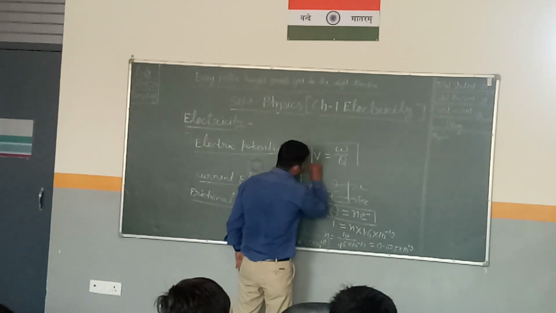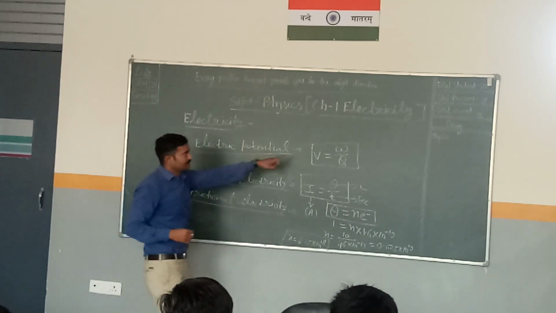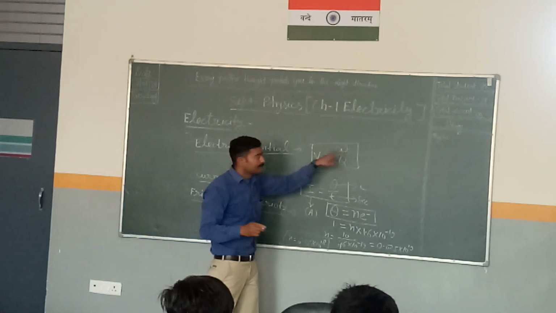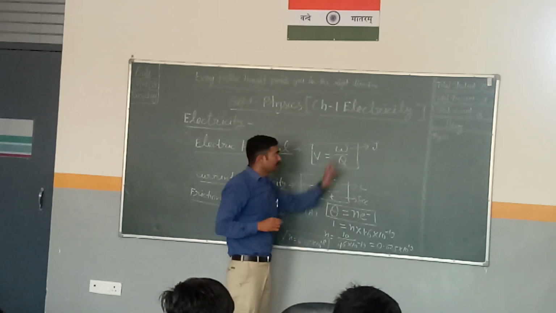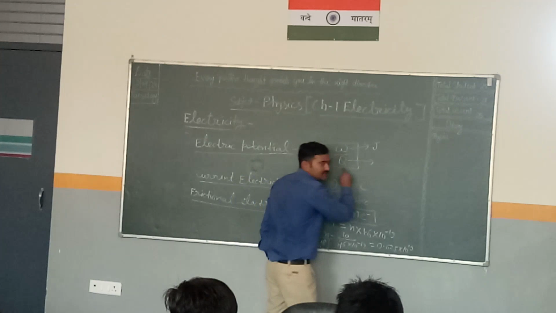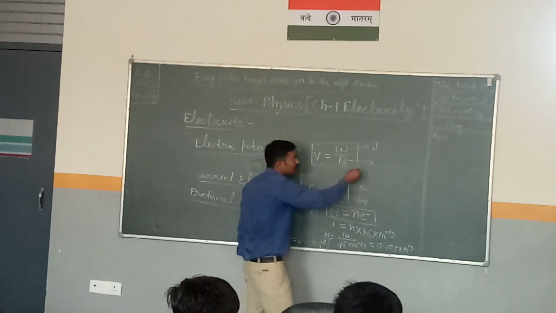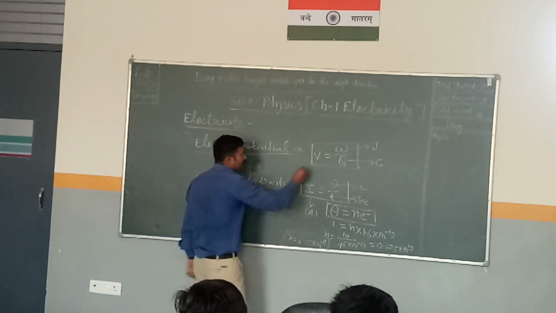W upon Q. See here. What is V? Electric potential. What is W? Work done. The unit of work is the joule, represented by capital J. What is Q? Charge. The unit of charge? Coulomb. Then the unit of electric potential?